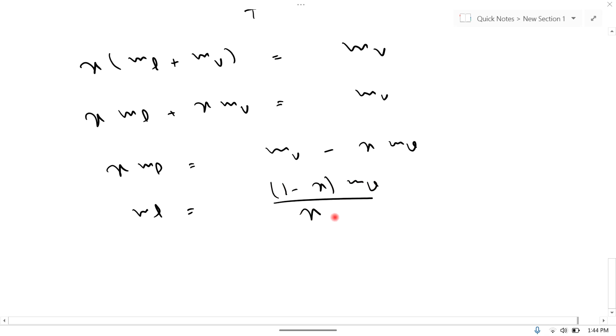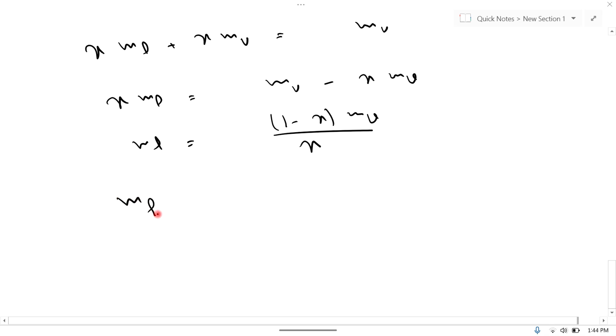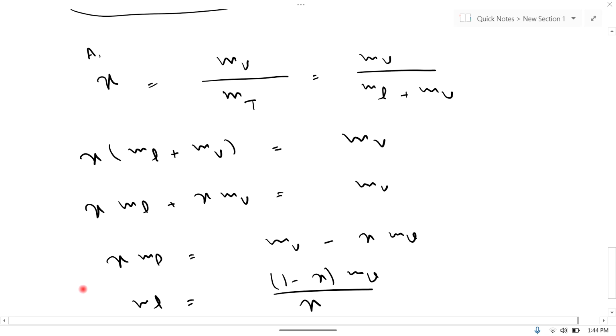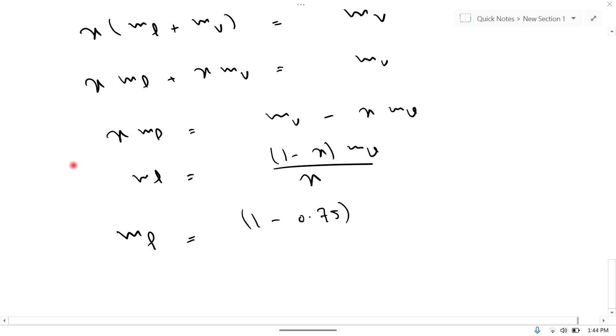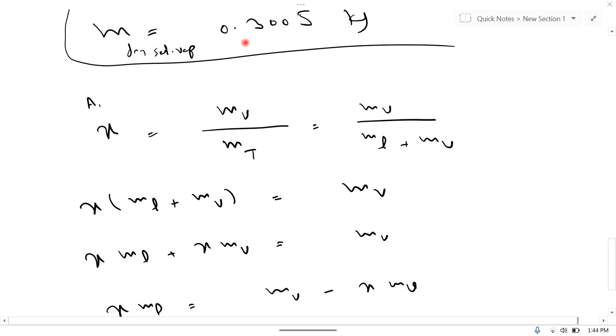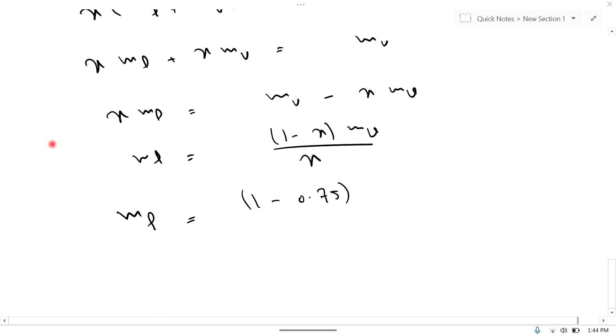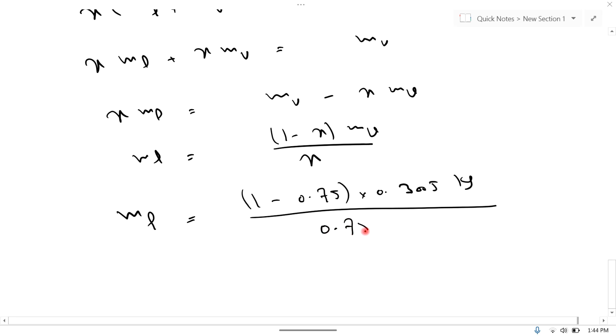So putting values here, the mass of liquid water is 1 minus x, which is 0.75, into the mass of water vapor, which is 0.3005. This is dry saturated vapor, the mass of vapor, 0.3005 kilogram, divided by x, which is 0.75.